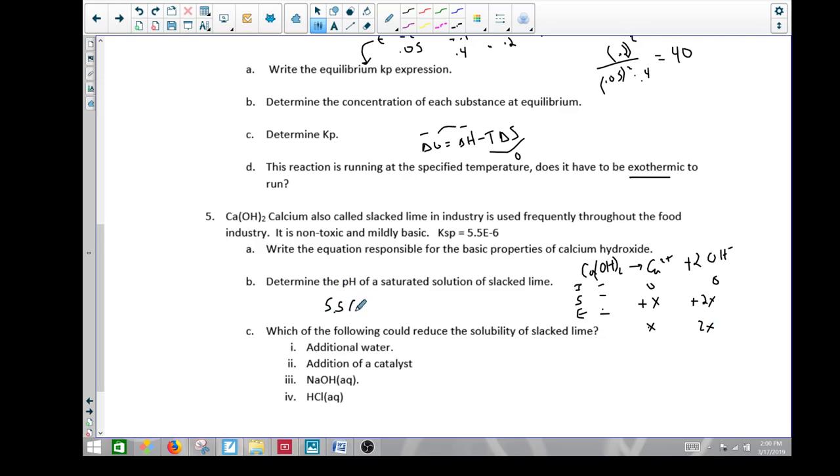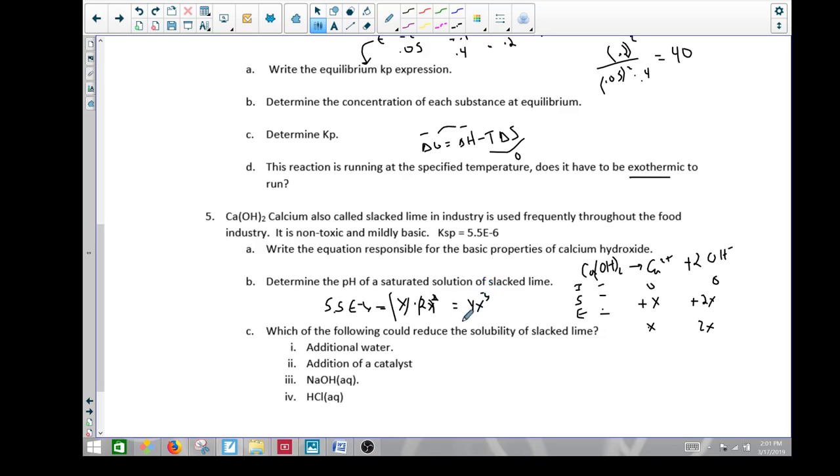All right, 5.5 e to the negative 6 equals products over reactants, so it's going to be x times 2x squared. Now hopefully you see why I did that. That's the equilibrium expression. All right, that's going to equal 4x cubed.